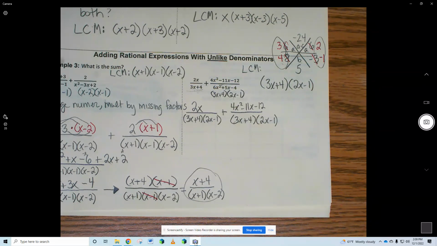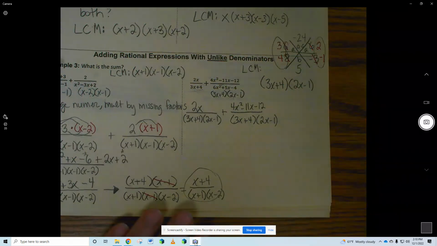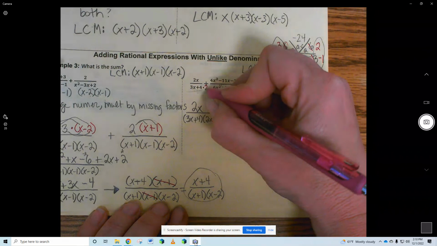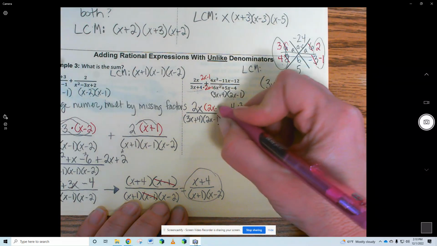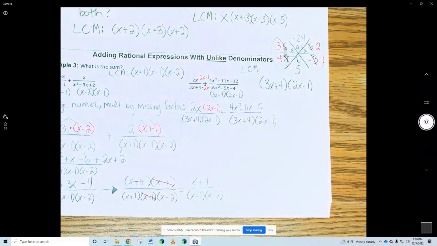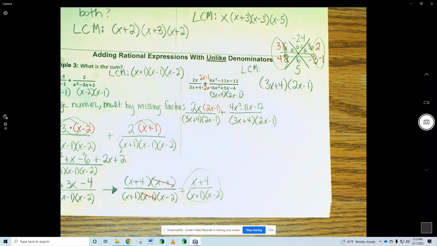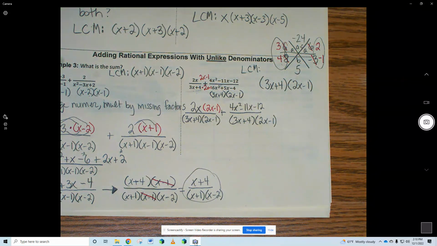What do I need to do to 3x plus 4 to get 3x plus 4, 2x minus 1? What do I need to multiply the top and bottom by? The 2x minus 1. So I am doing 2x minus 1, 2x minus 1. Like that. This denominator actually is fine, because it is the same. I don't need to multiply the 4x squared minus 11 by anything.